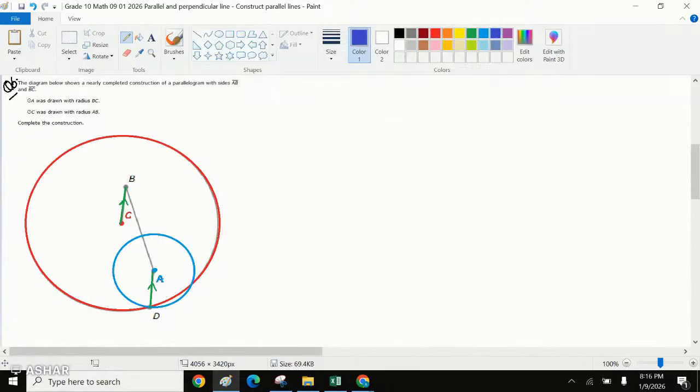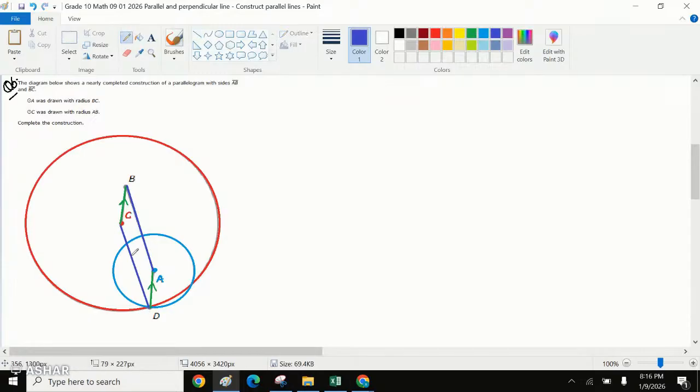And the missing set of parallel lines would be, if we have the third line, AB, a parallel line to AB would be something like this. It's still a parallel line, but the condition of making a parallelogram is not completed. So what we have to do in the question is use these given 3 points and complete the parallelogram. So we simply move this point from here to here.